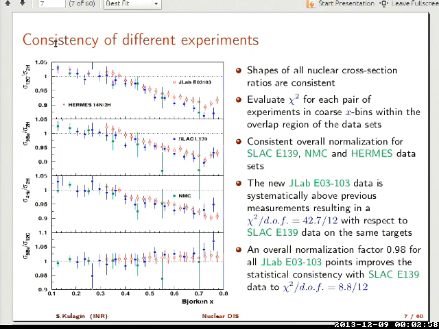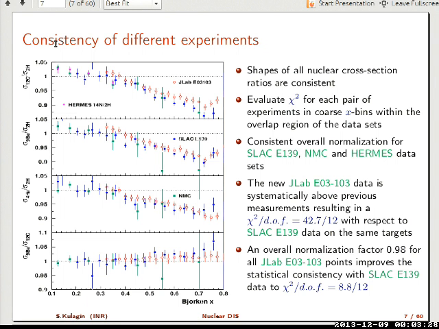this issue, trying to figure out how different the normalization of those two data sets is. Well, actually, three data sets. If you talk about the large X region, then useful data sets are those coming from the E139 experiment, the old data, and from NMC, and also JLab.